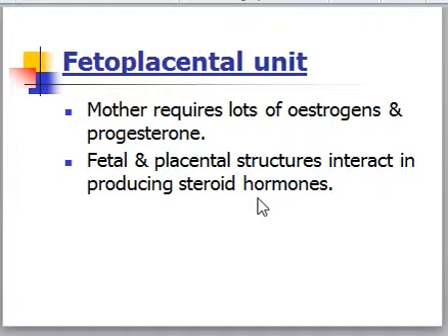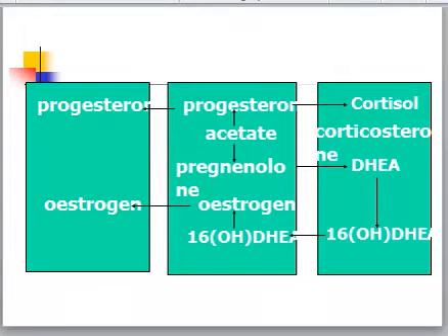So due to this interaction during the synthesis of the steroid hormones, the fetus and placenta are together called the fetoplacental unit.